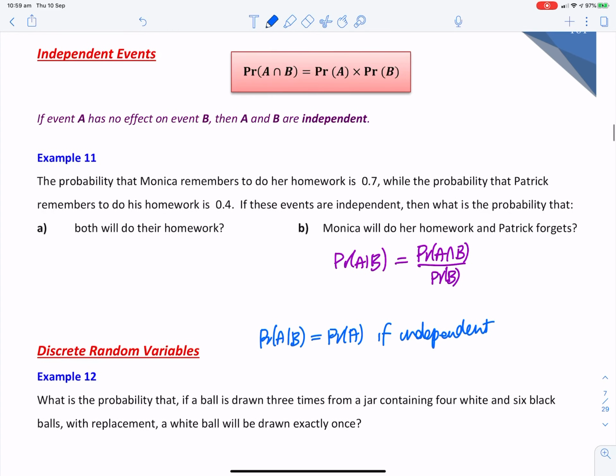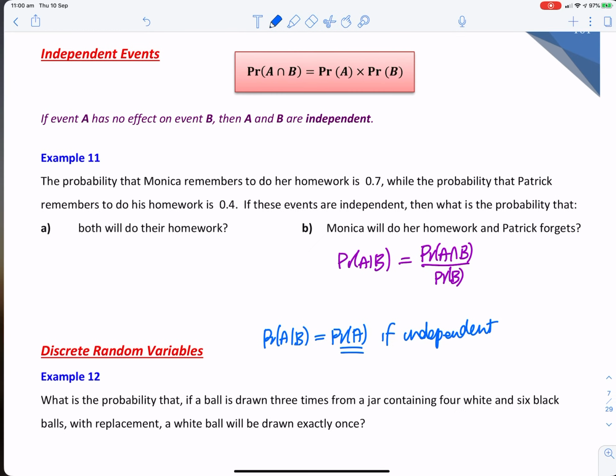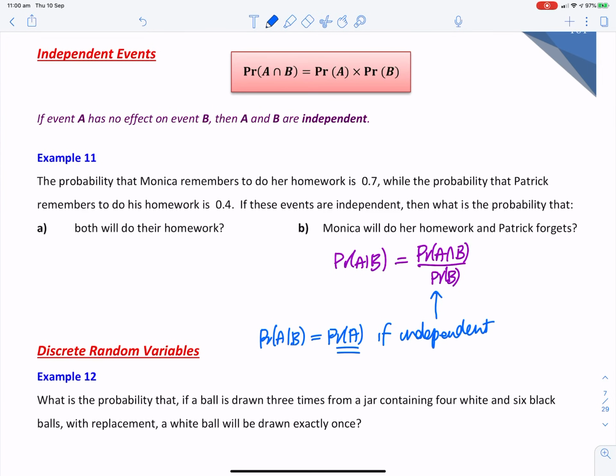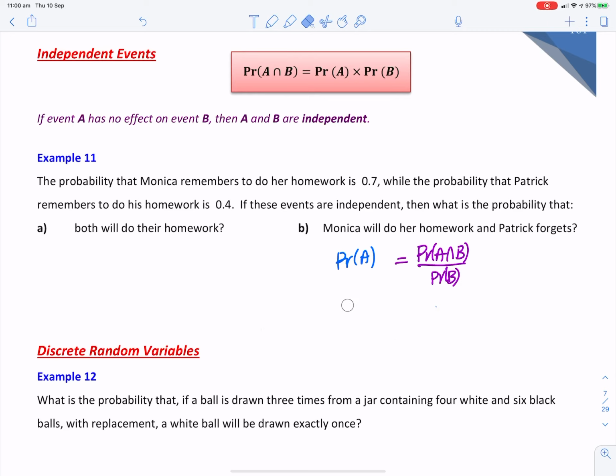Because if B doesn't affect A, A and B are independent. Now you can see from this, if we know the rule above, if A and B are independent, we can replace that with the probability of A, only if they're independent.